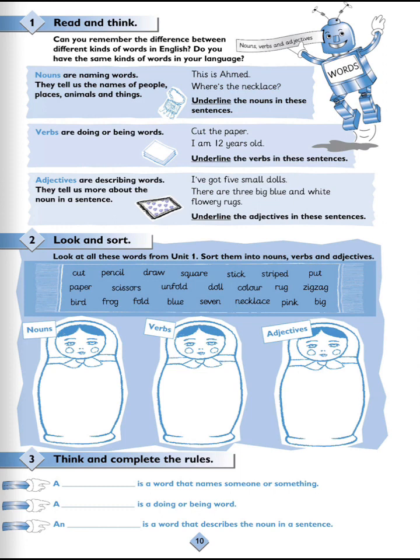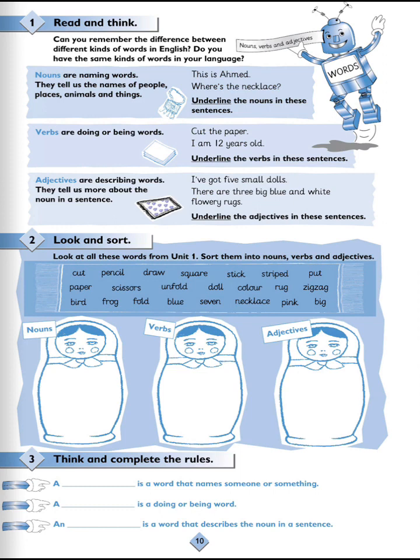They tell us the names of people, places, animals, and things. For example, this is Ahmed. Where is the necklace? Underline the nouns in these sentences. The nouns are Ahmed, necklace.